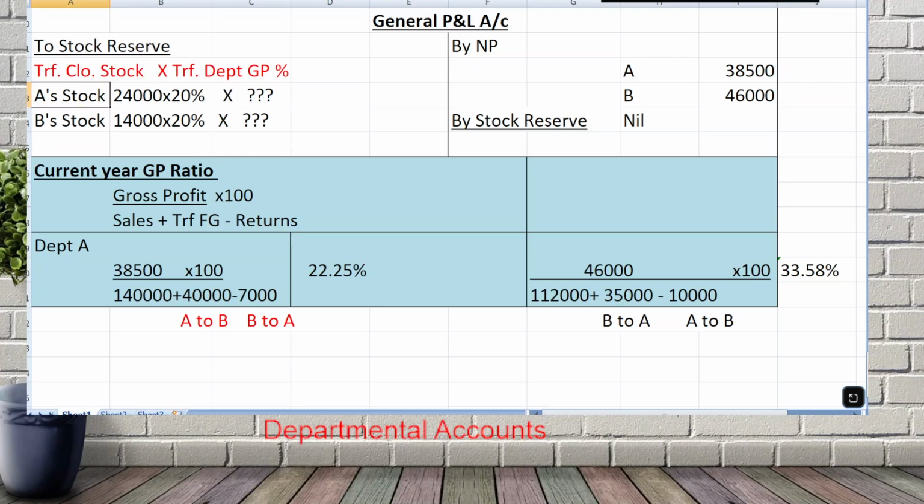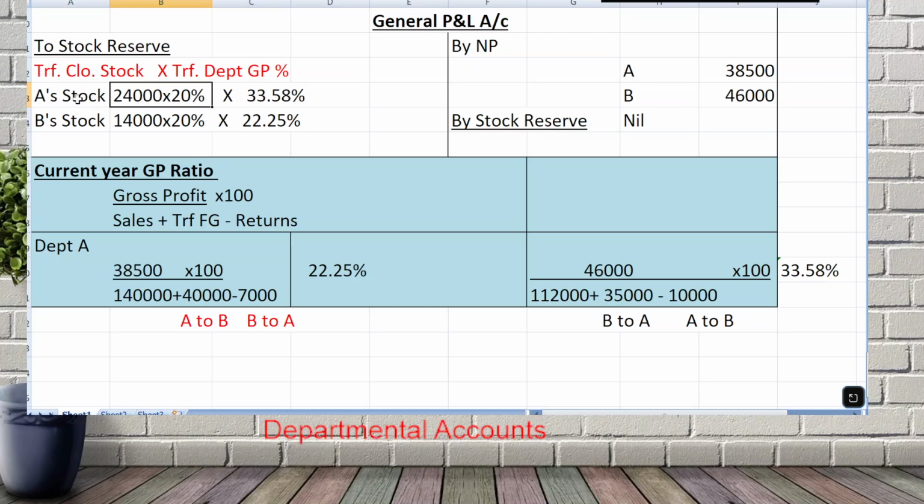So wait. For A stock, whose ratio will apply? Yes, very good. This into 33 point, how much percent? 5%. B stock into A ratio. My stock into your ratio, your stock into my ratio. 22.25%.